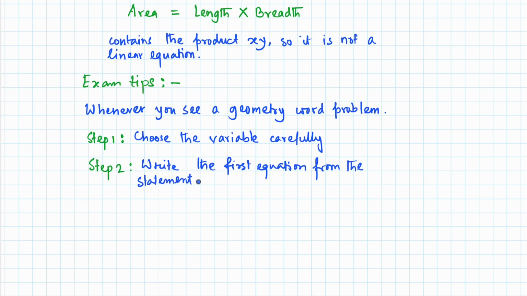Like step 2, write the first equation from the statement clearly, which includes the perimeter of the given geometrical shape.